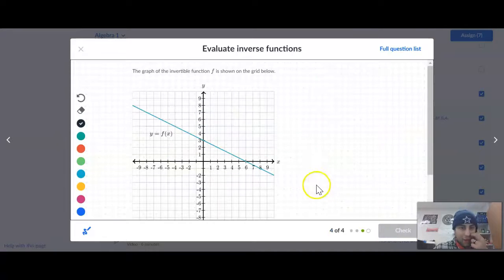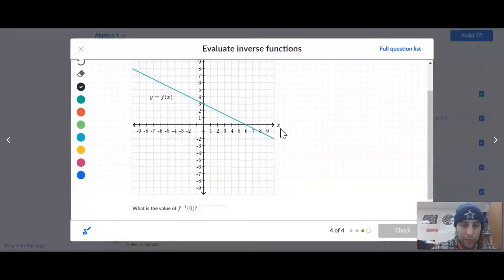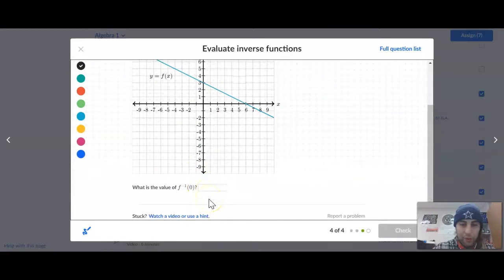And then next, graph the invertible function shown on the grid below. Okay. So again, what's the value of f inverse of 0? So let's write this again. Can I write on this? Okay, I can't write it down there. So remember, f inverse of 0.